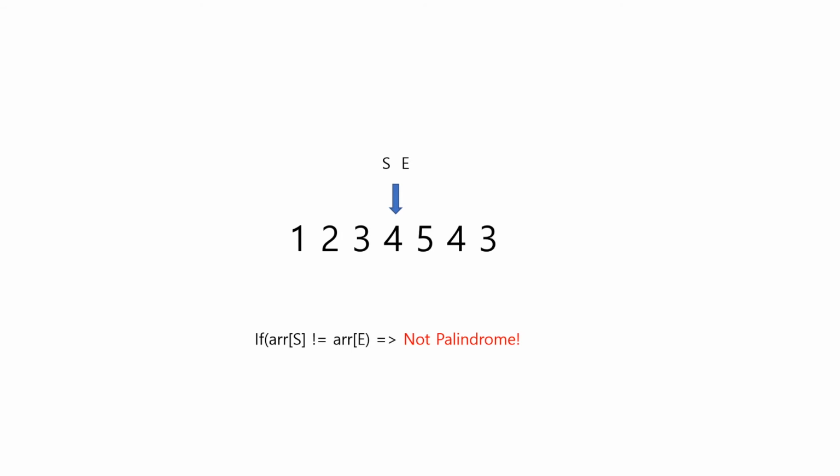After we compare those two numbers, which could be the same number, the start index then becomes bigger than the end index. So we compare only while the start index is smaller than the end index. This way we can determine whether it is a palindrome number.